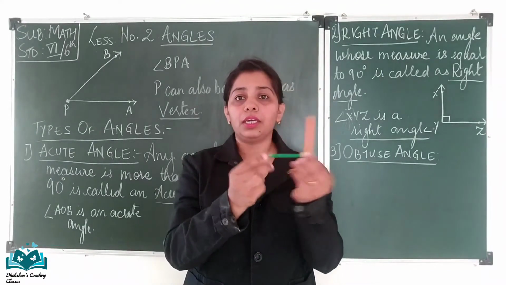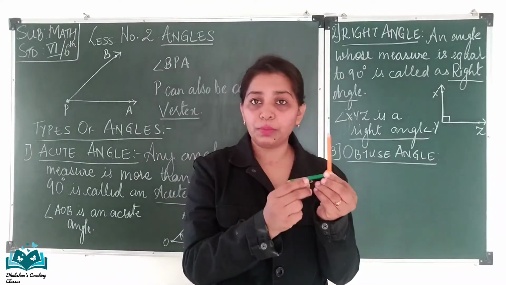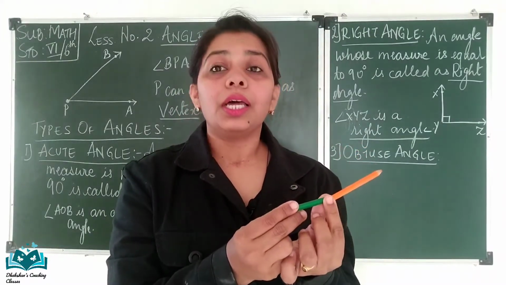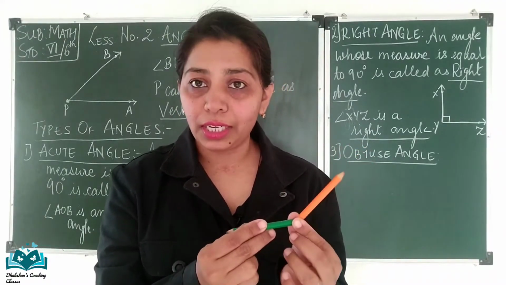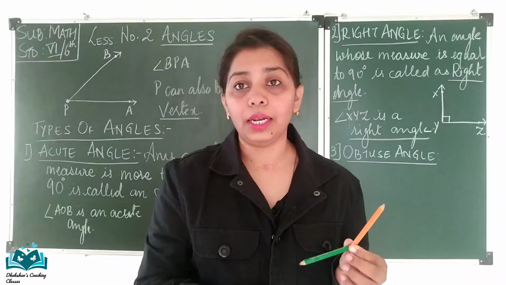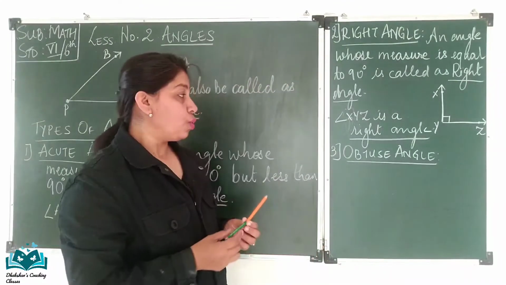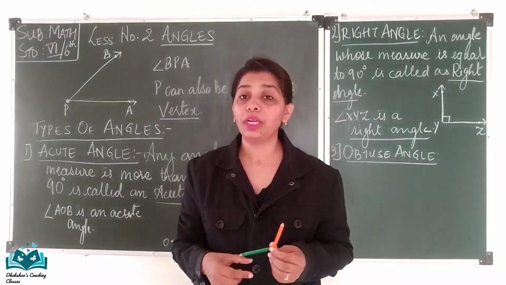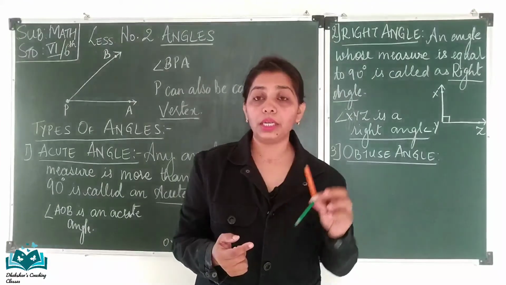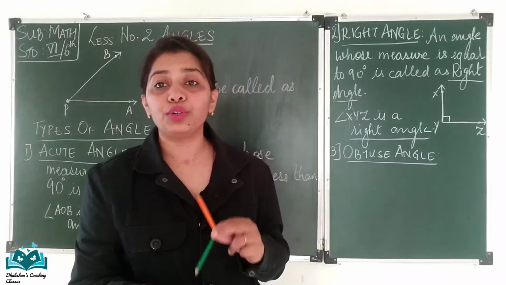This is 90. An angle whose measurement is more than 90 but less than 180 is called your obtuse angle. Okay. So, any angle whose measurement is more than 90 but less than 180 is called your obtuse angle.